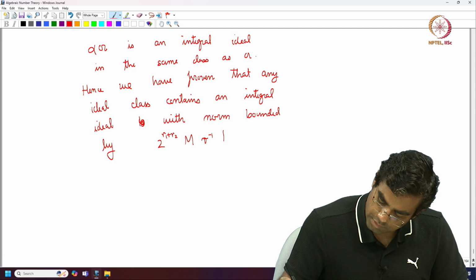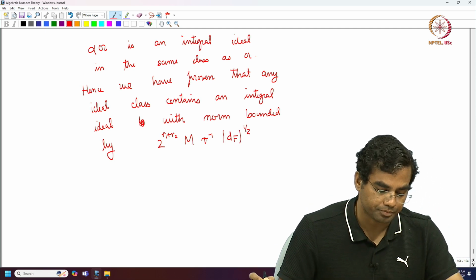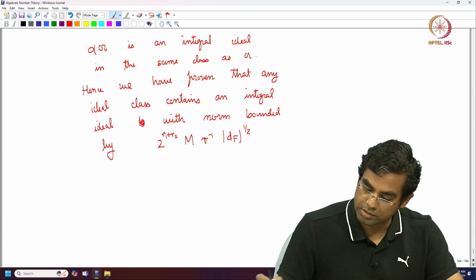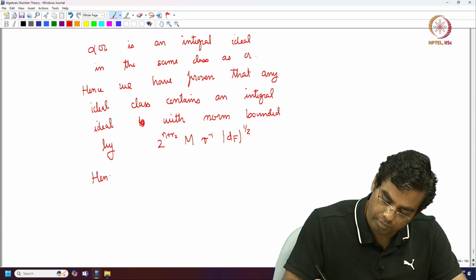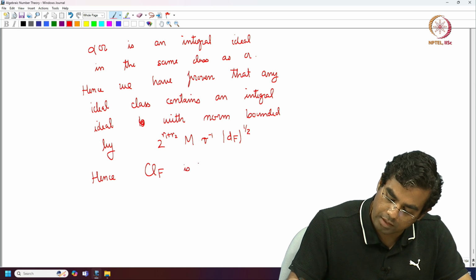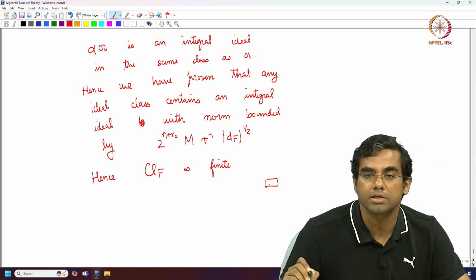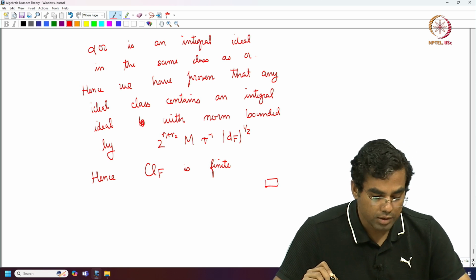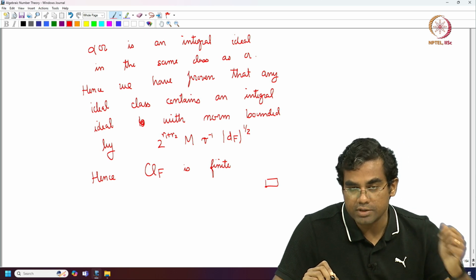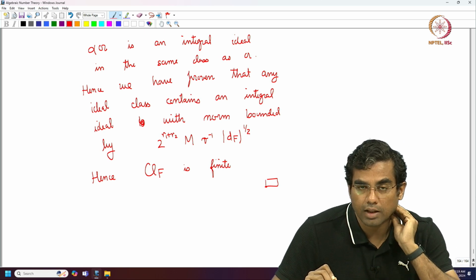So, V inverse, okay, all right, and so hence the class group of F is finite. Okay, so the last part is the same as the one with heights. So, this gives us another proof of the finiteness of the class group.